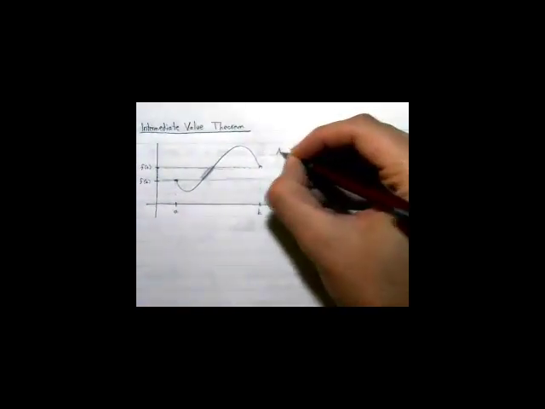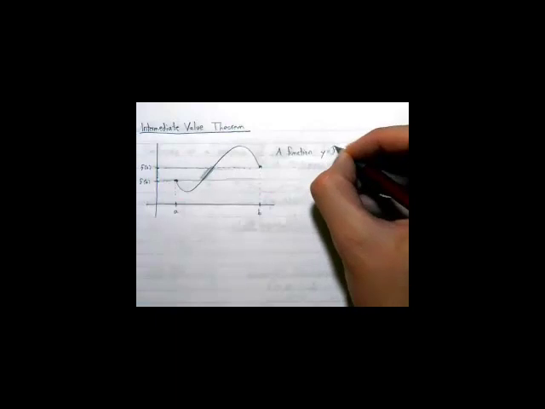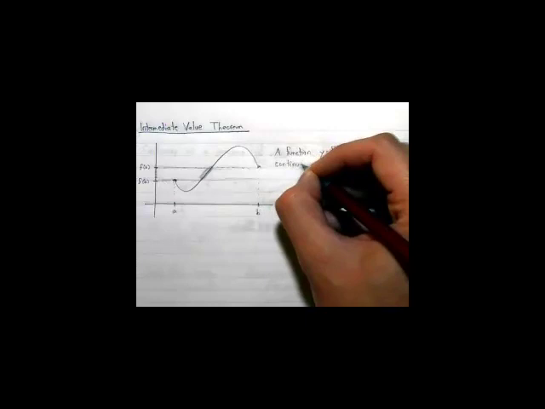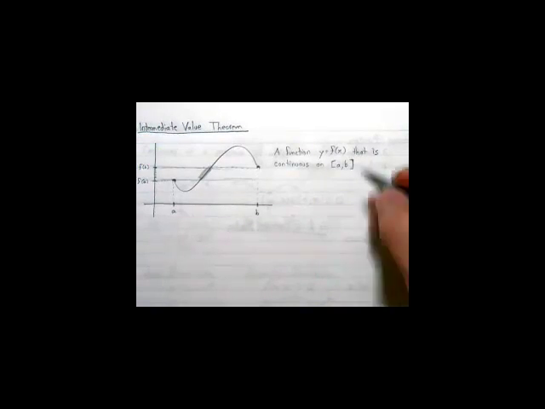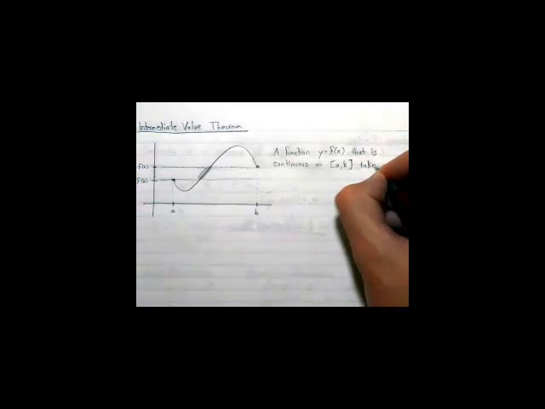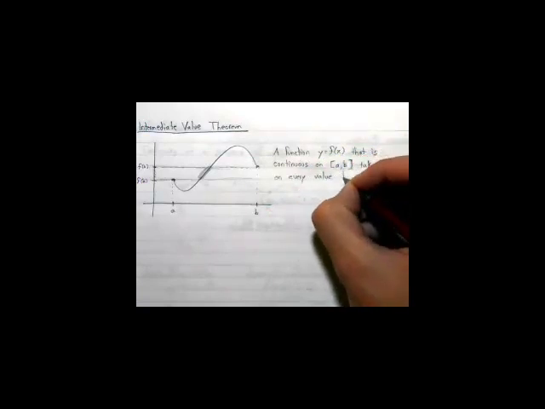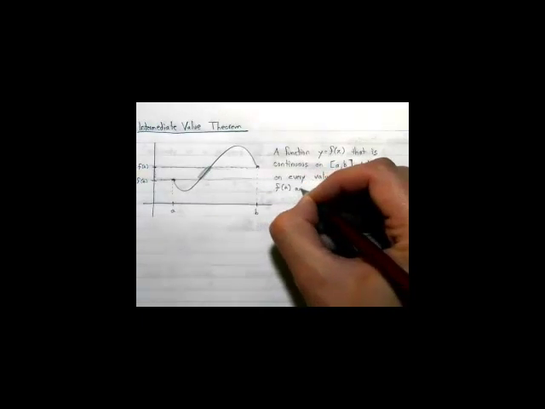It says a function y equals f of x that is continuous on an interval A to B, and it's called a closed interval because we're including A and B, takes on every value between f of A and f of B.